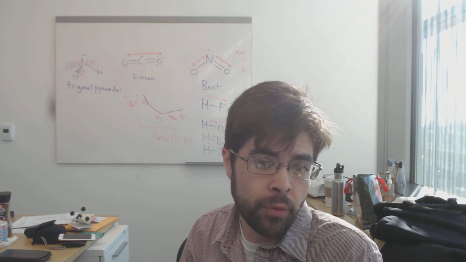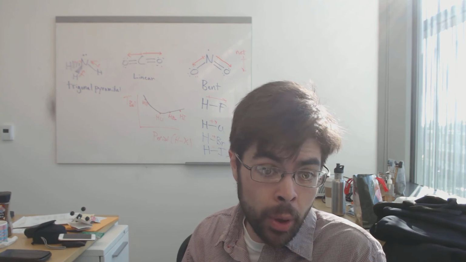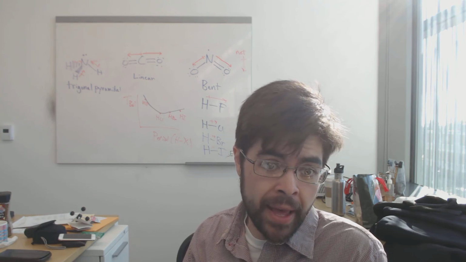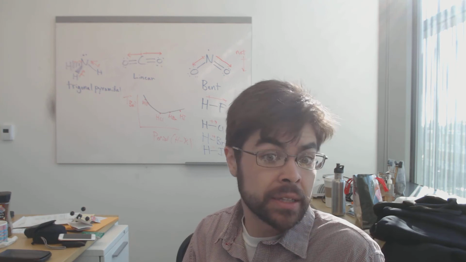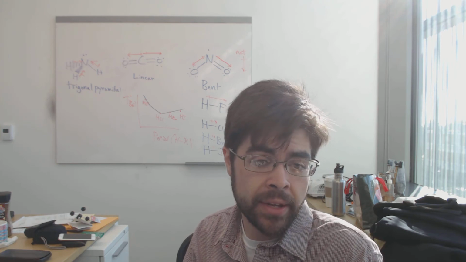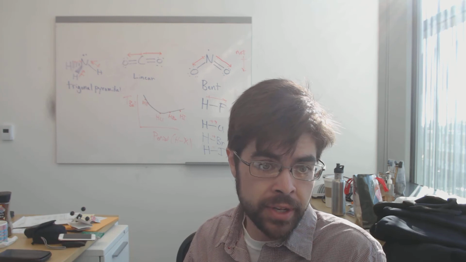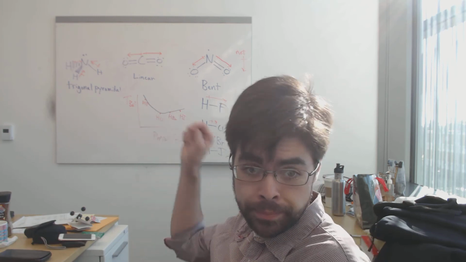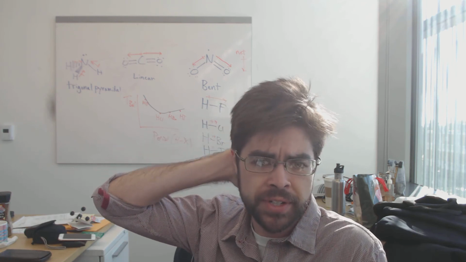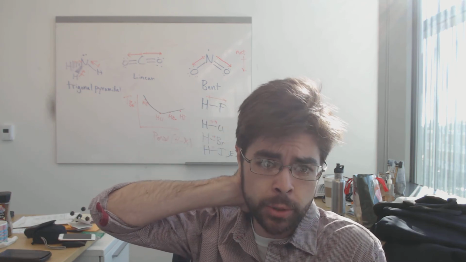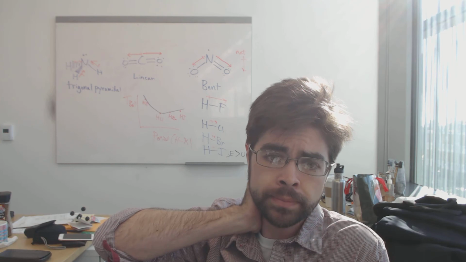So for example, I gave one example today between ammonia, NH3, and methane, CH4. In that case, it's clear-cut that NH3 has stronger intermolecular forces because it has a dipole. CH4 only has London dispersion forces. It's symmetric, with tetrahedral symmetry, so it doesn't have a dipole.